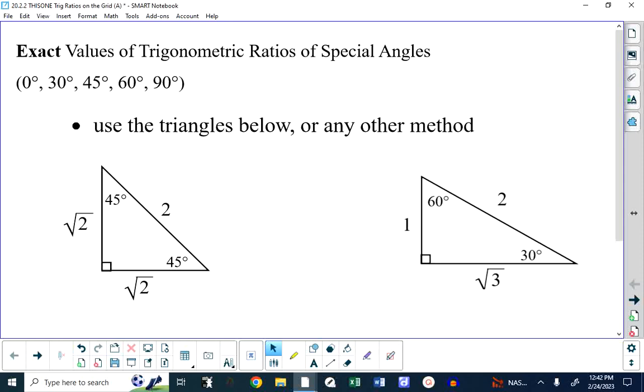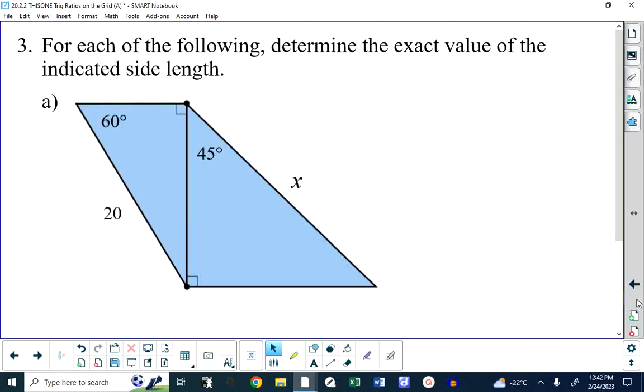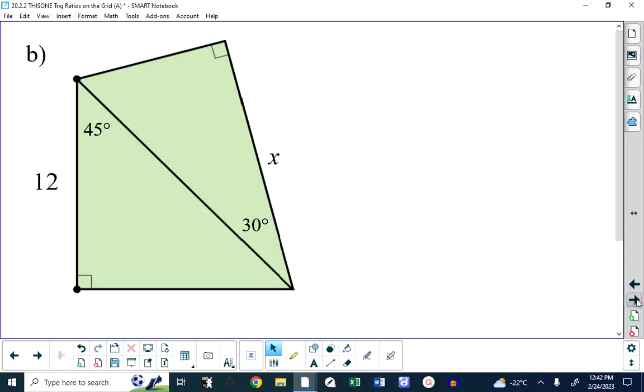Somebody had emailed me last night asking how to do a particular question, and when I did the question I realized that the answer that I have is incorrect. This is question 3B. I made a post to our Google Classroom. I don't even know why those answers were there, because the two answers that are actually in your handout are not even equal to each other.